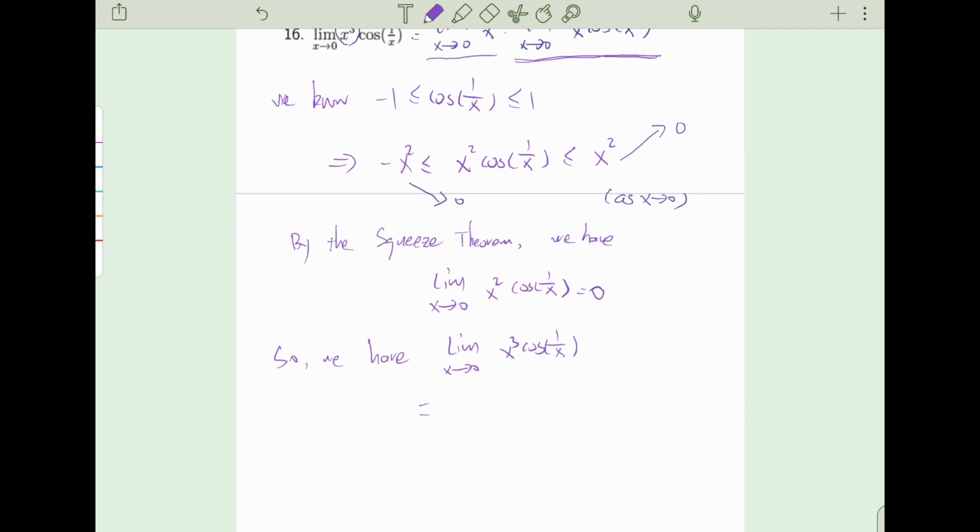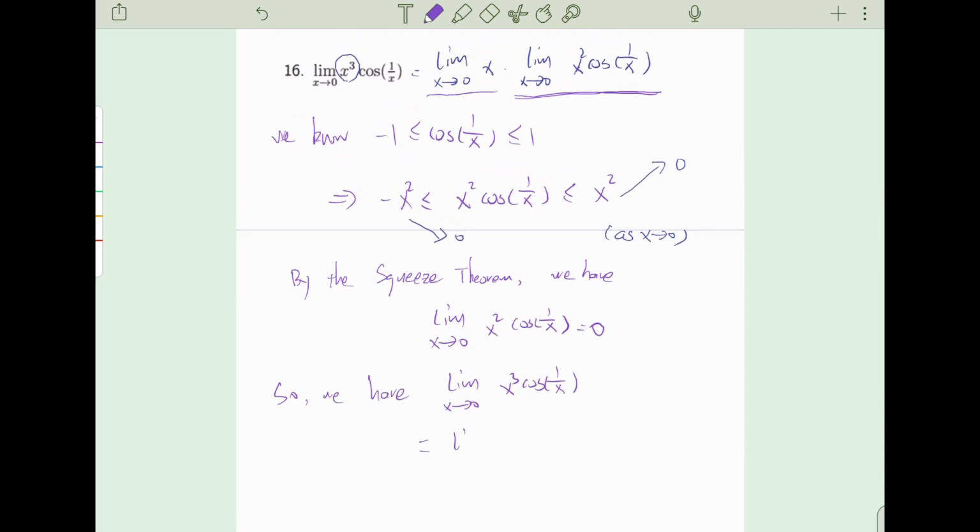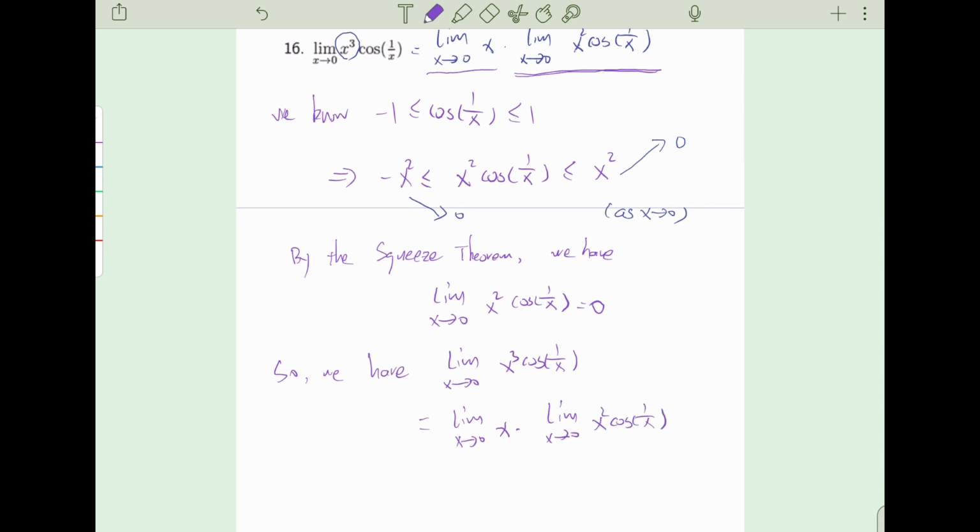It's equal to the product of two limits, which is this times the other one. The first one is obviously 0, while the second one is also 0 by our squeeze theorem. So the final answer is 0.